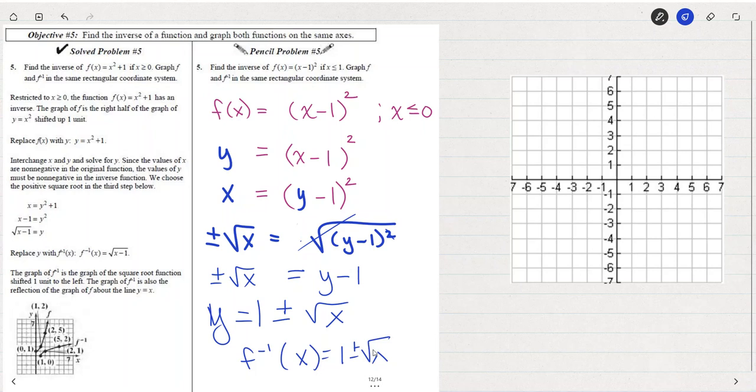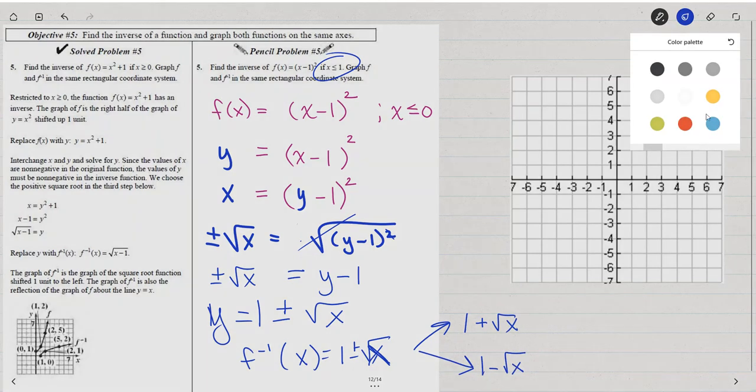If I'm only interested in the x's that are less than 1, we can look at the graph and see which of those we're going to use: 1 plus the square root of x or 1 minus the square root of x. We'll come back to that.